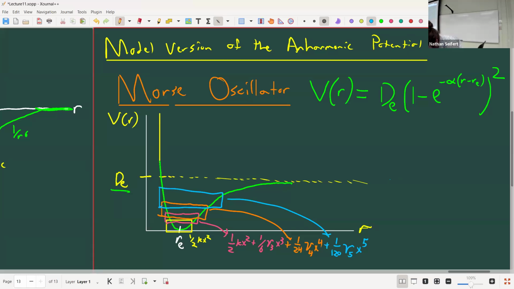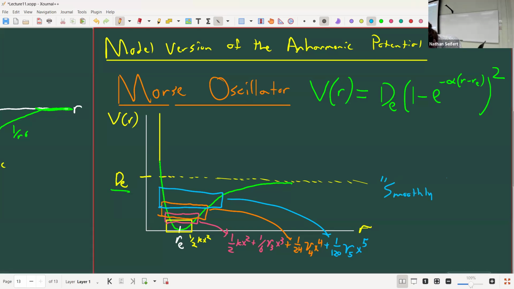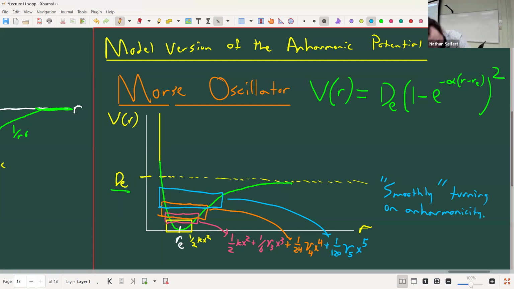The idea is that we're smoothly turning on anharmonicity. So the question, and this comes back to the crux of Monica's question, is what does this do to our spectrum?